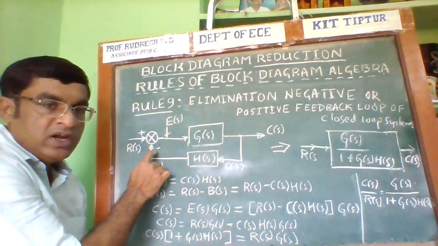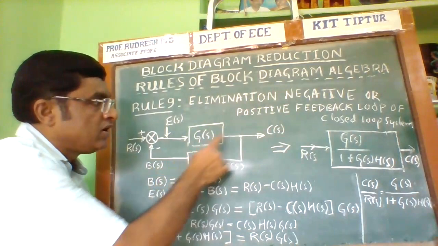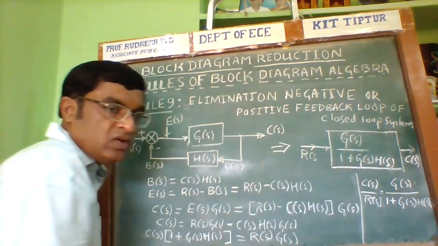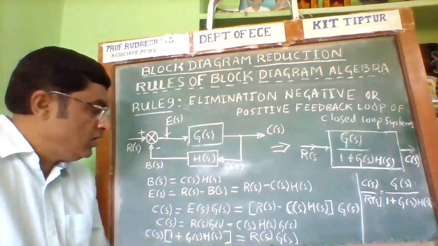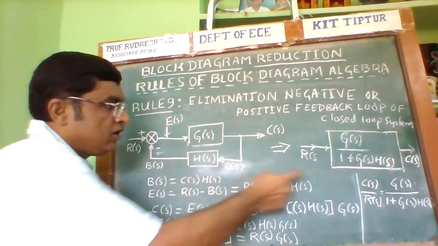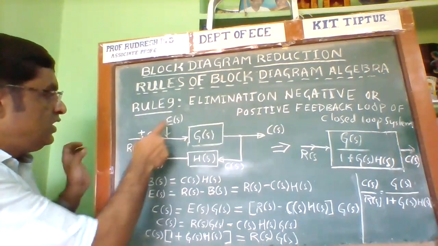If it is negative feedback, that is called a negative feedback loop, then the denominator is 1 plus G of S into H of S. If it is positive feedback, here there is a plus instead of minus. If it is positive, then what is the E of S value?